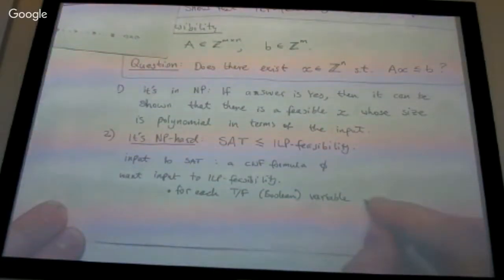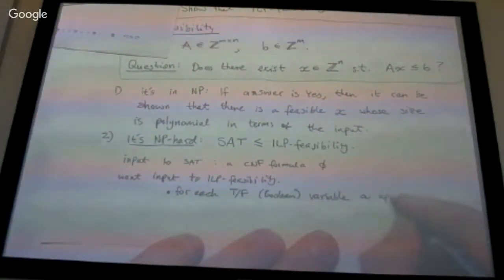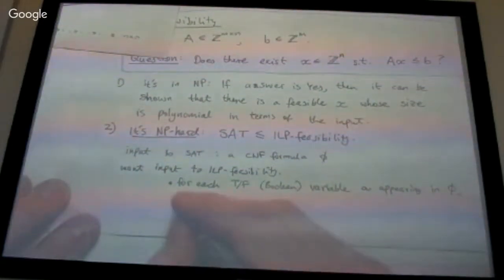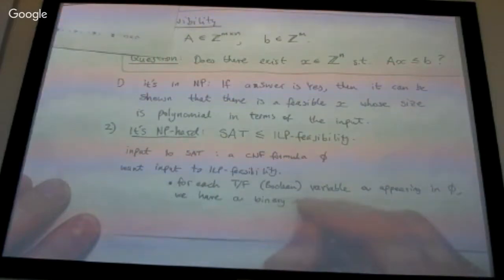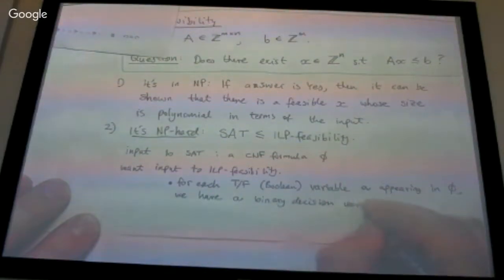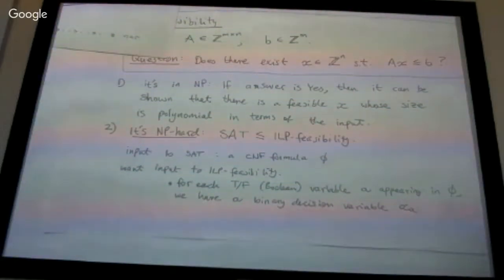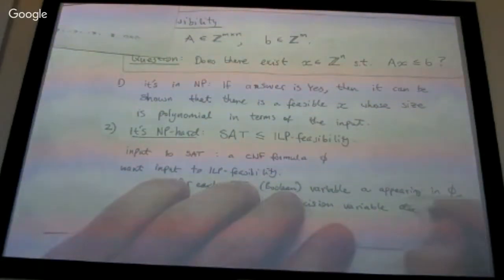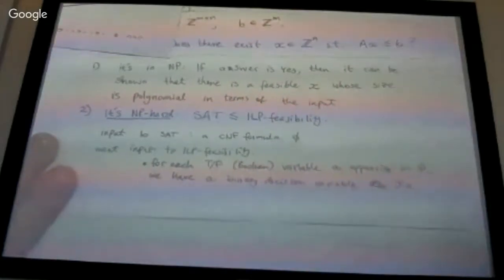A, B, C. Yeah, little A, appearing in the formula, we have a binary decision variable. I'll call it XA, not to confuse it with A.